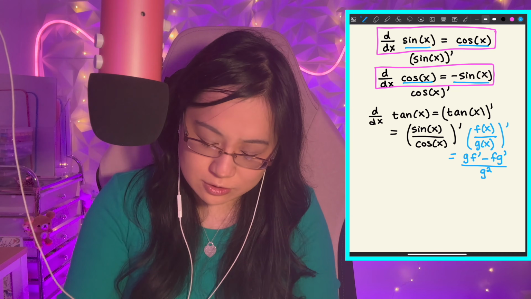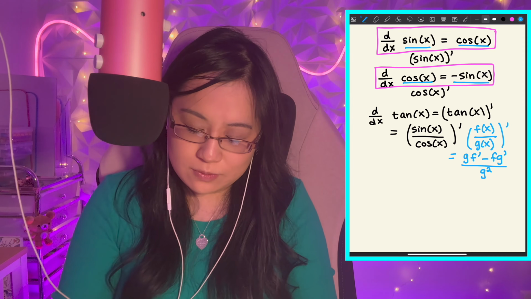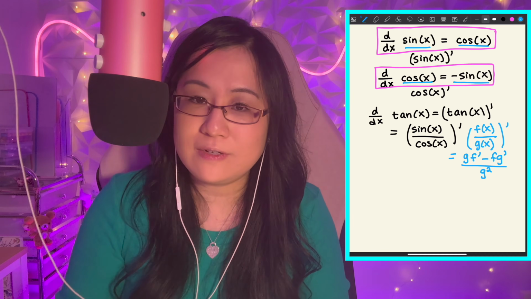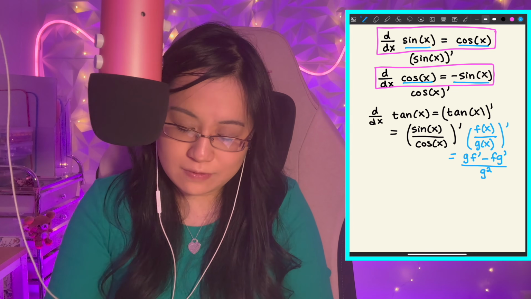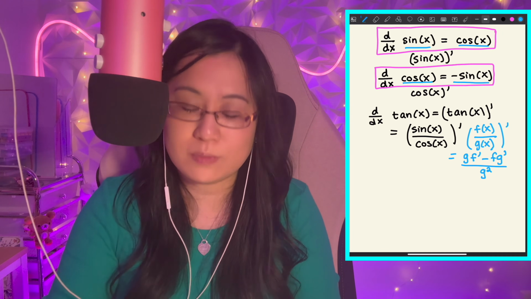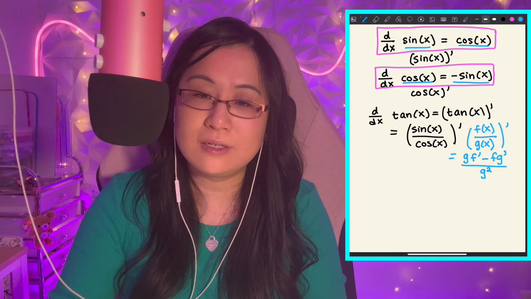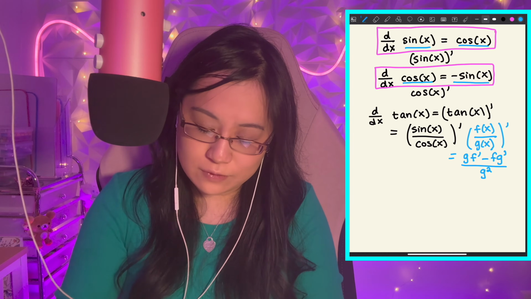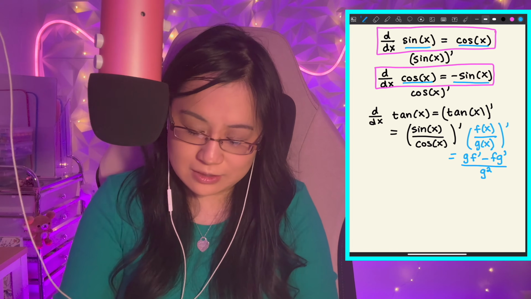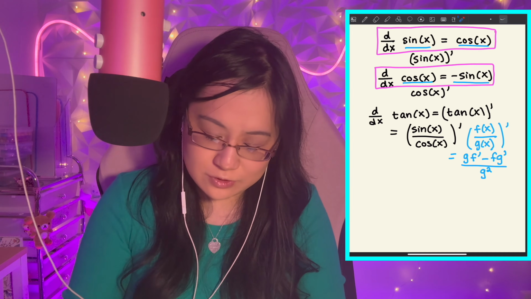So g times g is g squared. We're just using primes here for derivative. Everything's in terms of x, so you could write g of x times f of x prime minus f of x times g of x prime over g of x squared, but that's what this is. It's just shorthand.